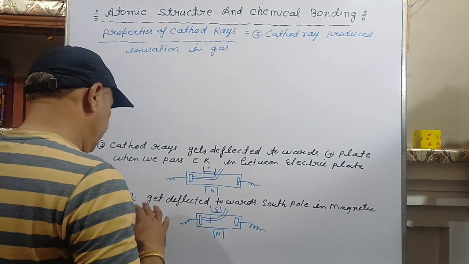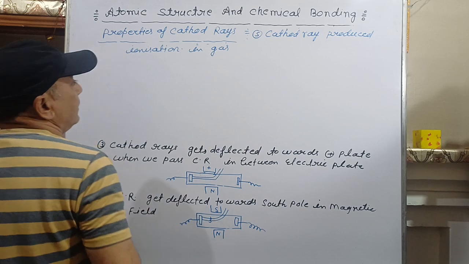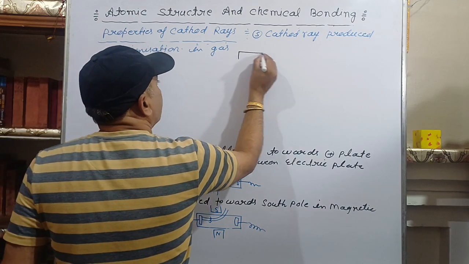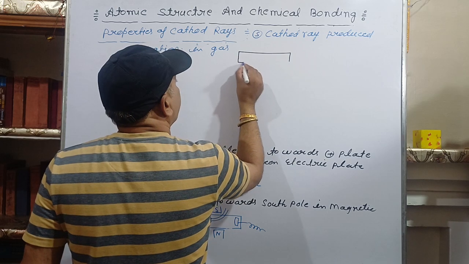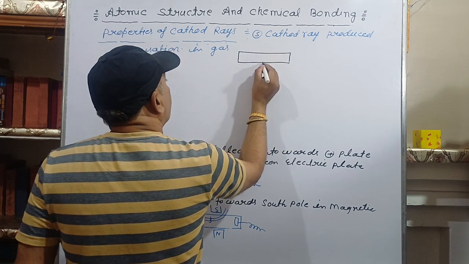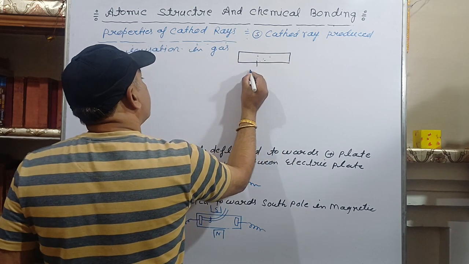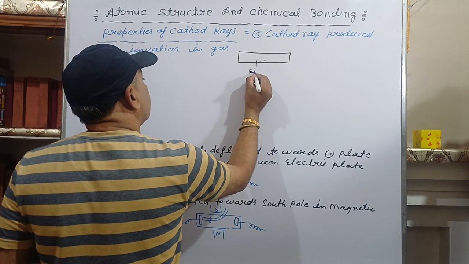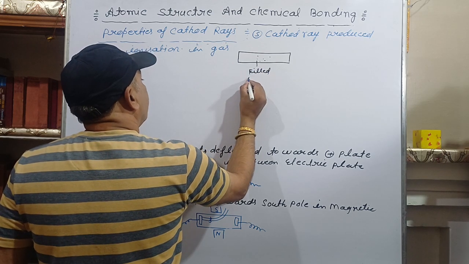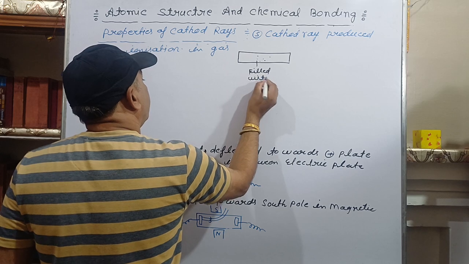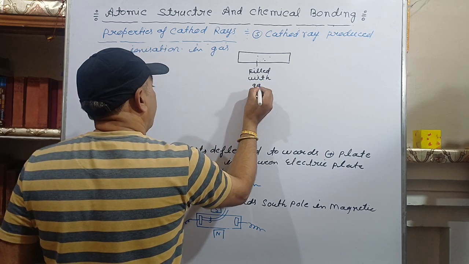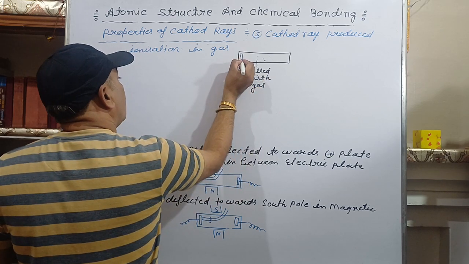For example, this is a simple discharge tube filled with any gas. These are the two electrodes.